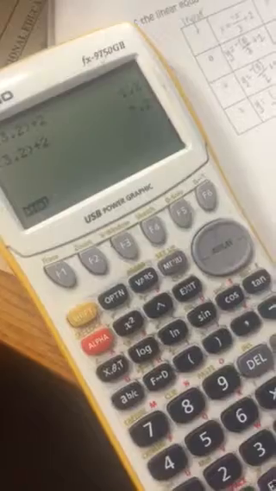Don't worry about graphing these because I don't want you to stress out over the fractions, okay?